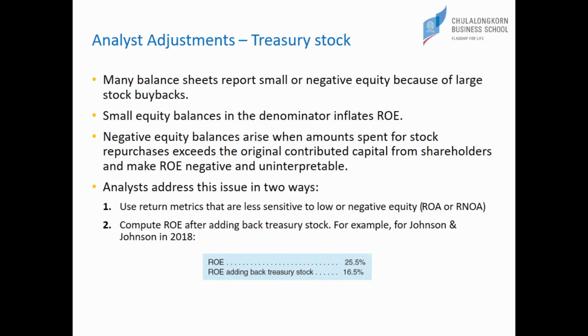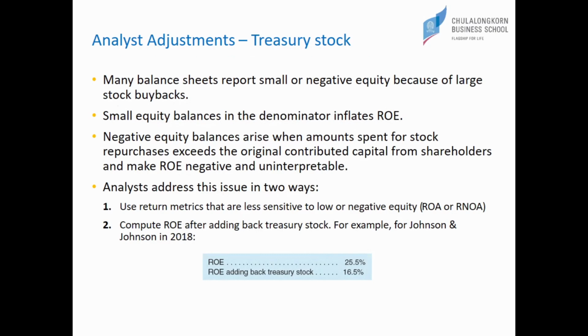So it reduces the denominator, therefore ROE is going to increase. And as I said, it can even be negative when the amount that's actually spent to buy back their stock is greater than the original contributed capital by the shareholders. In that case, their ROE is going to become negative, which does not make sense at all. So that's why we have to address this issue somehow.